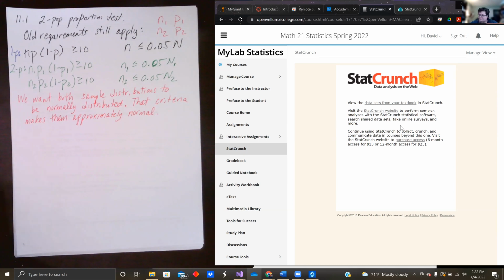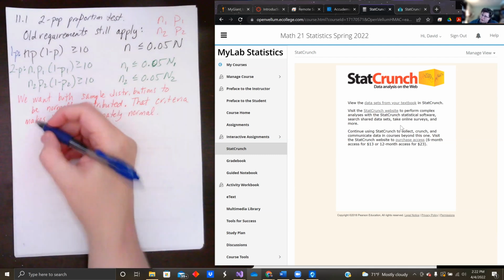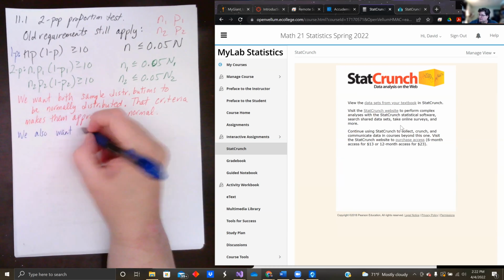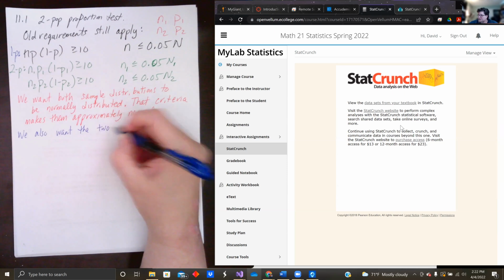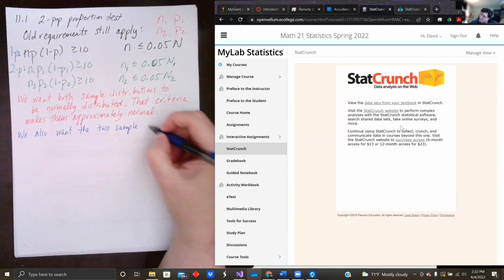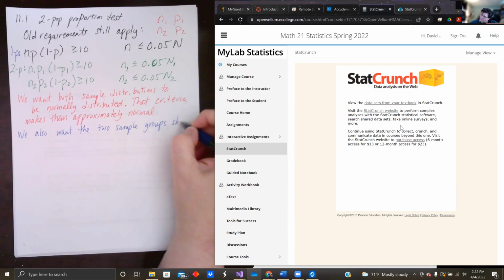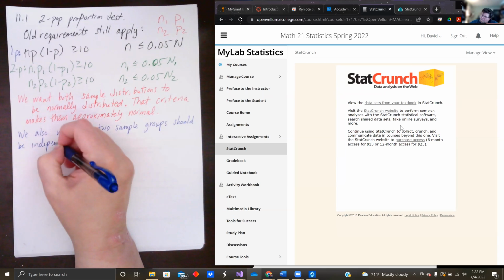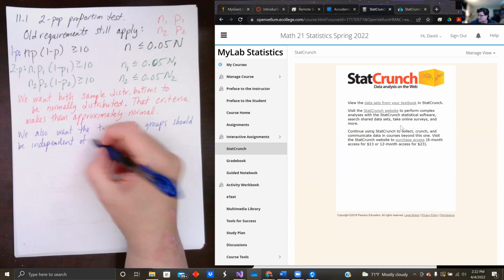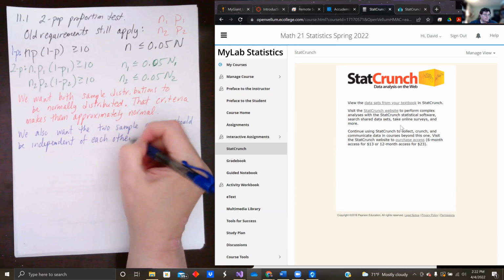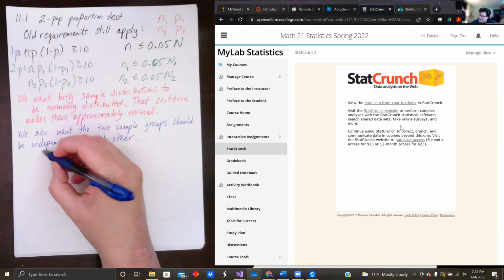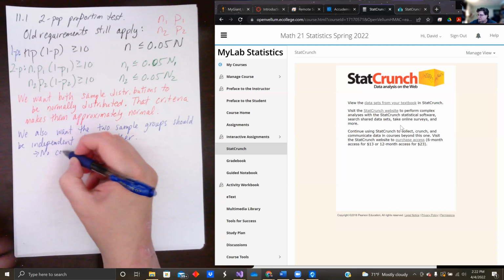There's one other thing we haven't talked about. Now that we've got two populations or two groups, we also want the two sample groups to be independent of each other. That means we don't know of any connection between group 1 and group 2.